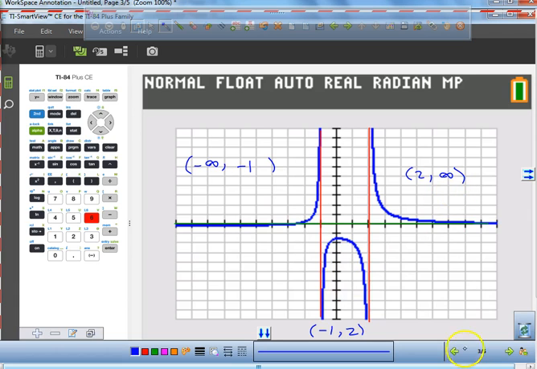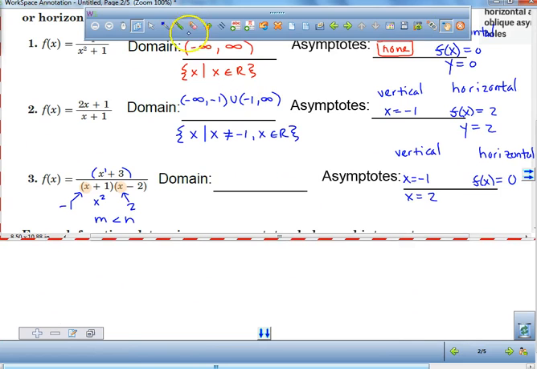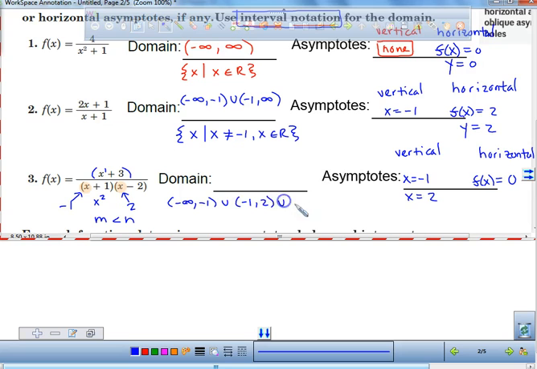Okay? So now we're going to go back and we're going to write it all together. So the domain goes from -infinity to -1, union with -1 to +2, union with 2 to +infinity. And that right there is your domain.